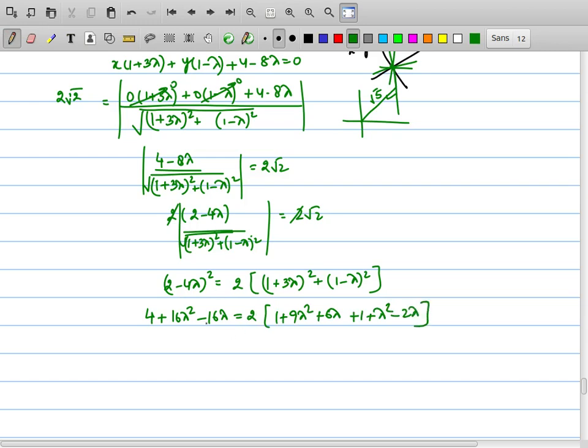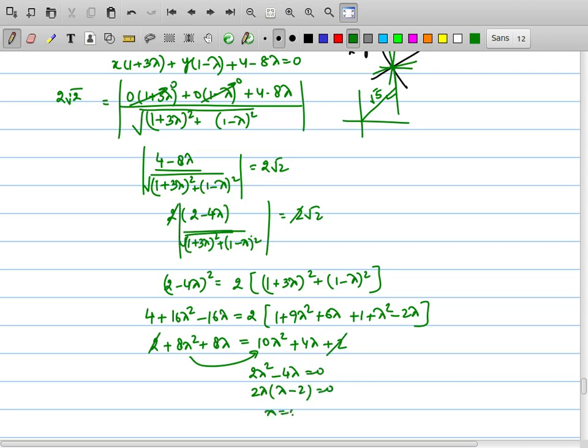We can divide by 2 throughout. Therefore it becomes 2 plus 8 lambda square minus 8 lambda equals 10 lambda square plus 4 lambda plus 2. We can rearrange, take all the terms to the right hand side. We have 2 lambda square, then minus 4 lambda, and the 2 and 2 go, equals 0. Therefore 2 lambda is common: lambda times (lambda minus 2) is 0.